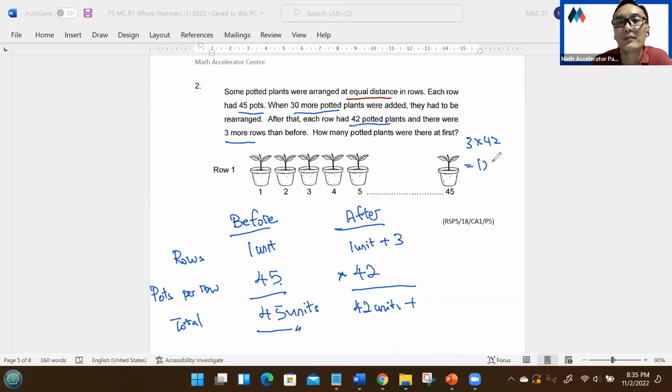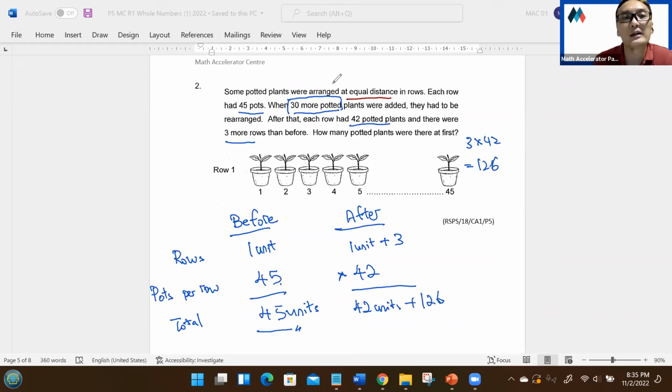Thank you. 126. So let's find out. Before we have 45 units. After we have 42 units plus 126. After we added 30 more potted plants.